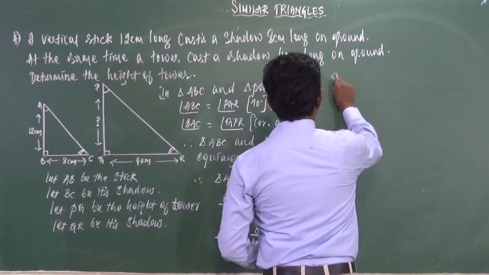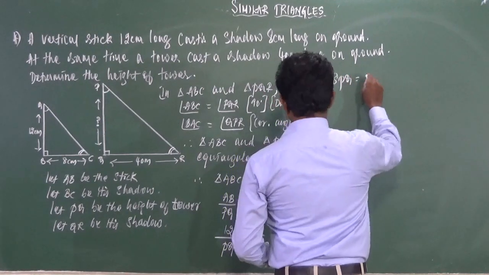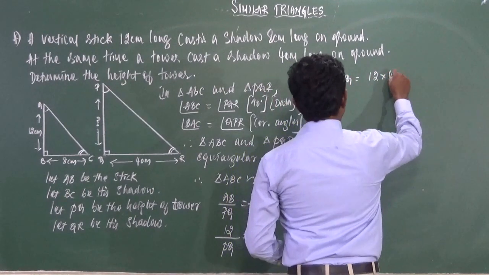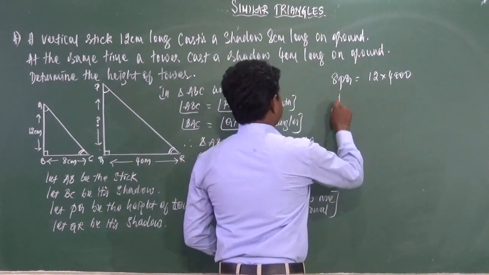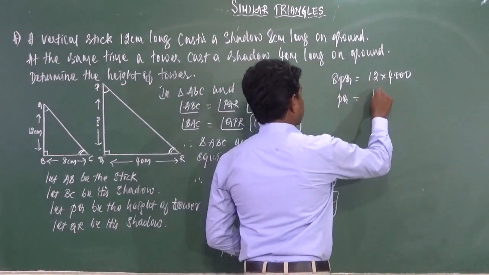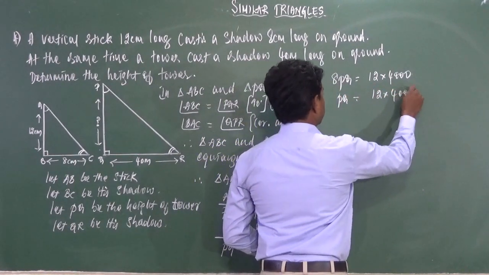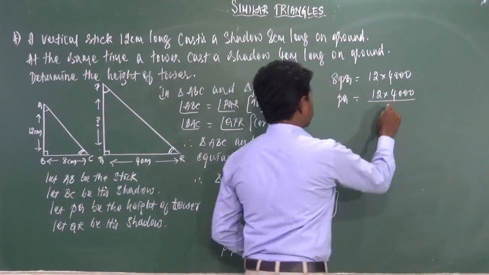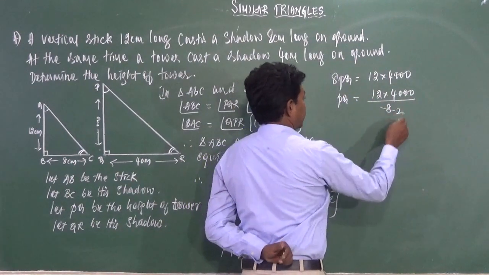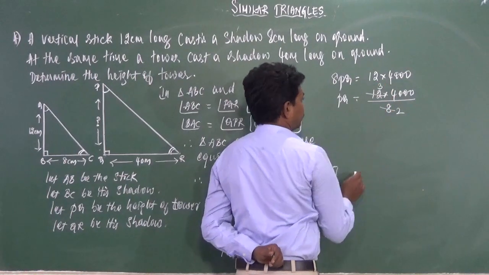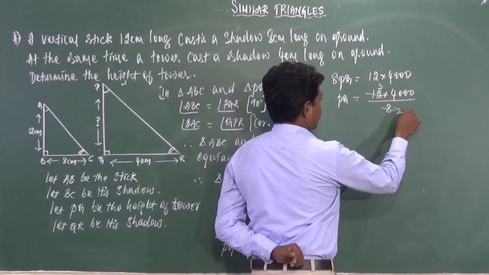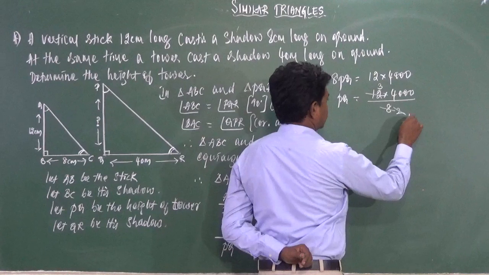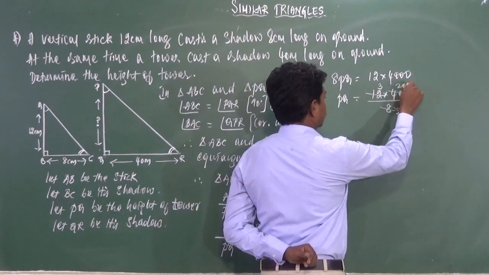PQ into 8, that is 8 PQ, is equal to 12 into 4000. So PQ is equal to 12 into 4000 divided by 8. So 4 2s are 8, 4 3s are 12, and 2 1s are 2, 2 2000s is 4000.